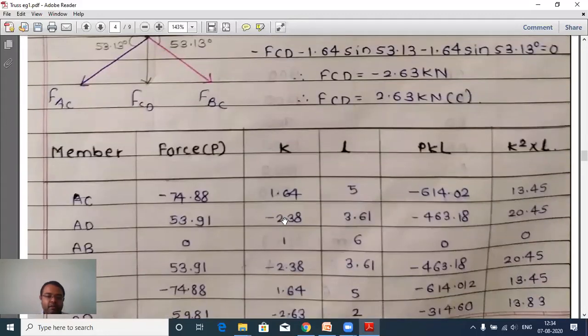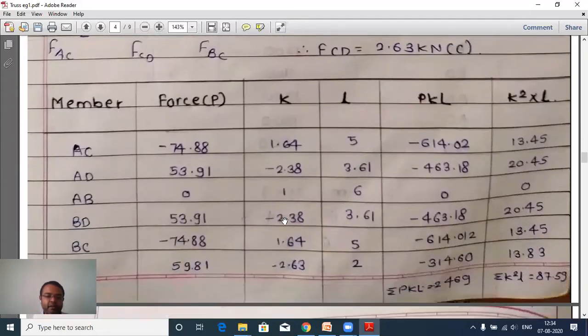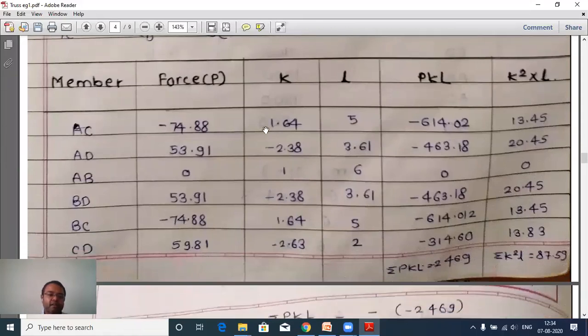So finally we are able to draw this table. First of all I will write the number of members, then the P forces, then the K forces. P forces means, for the determinate truss, whatever forces we have found in all the members of the truss, we will write over here.